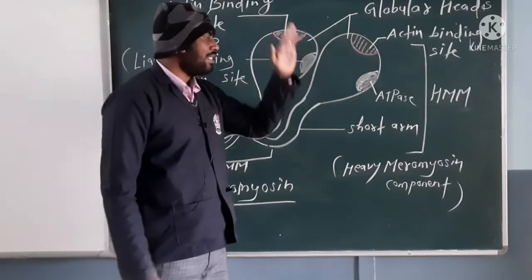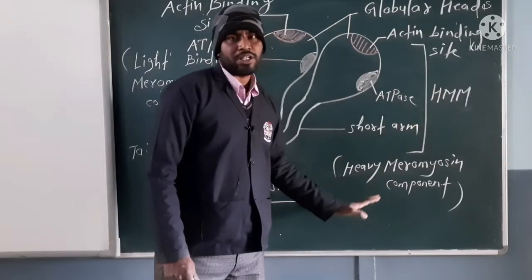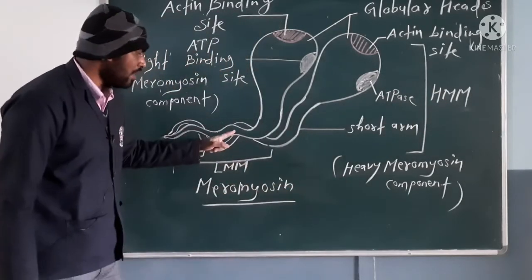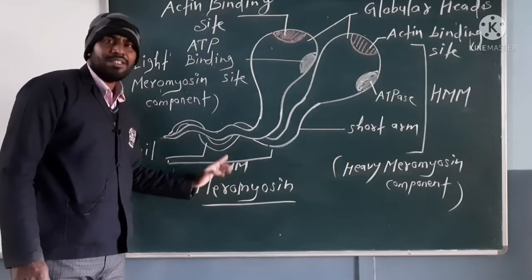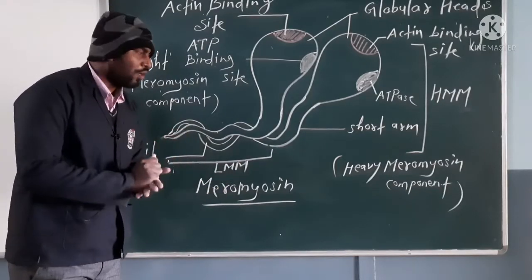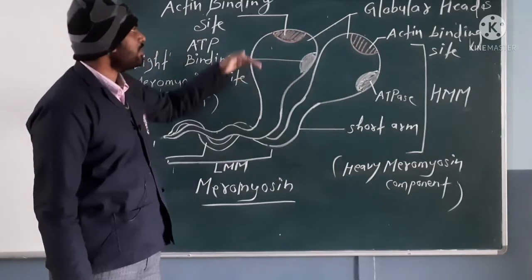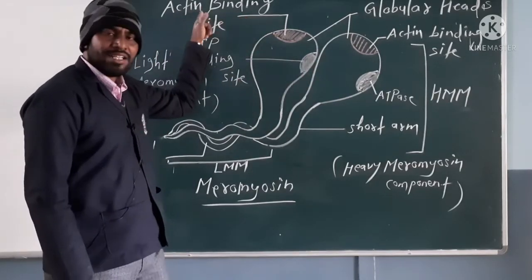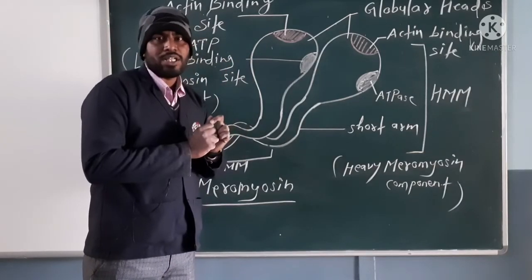The globular head and short arm constitute the heavy meromyosin component, whereas the tail region forms the light meromyosin component. The globular head contains two different regions. First, the actin binding site, which is going to attach with the globular actin protein.